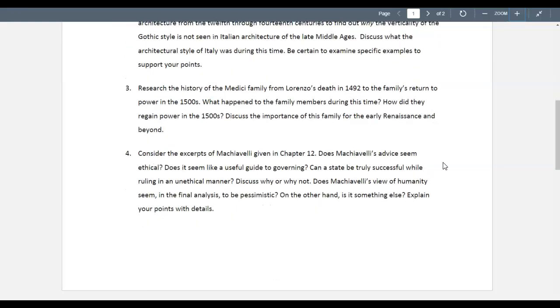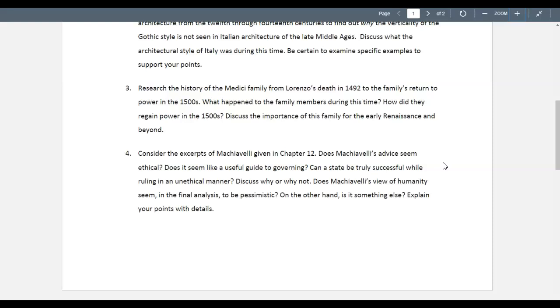The third topic talks about the Medici family, prominent in Florence, had a large impact. They had a large impact early, but they lose out during the time in the 1500s. So in the 1300s, the Medici family is really prominent, and had issues.